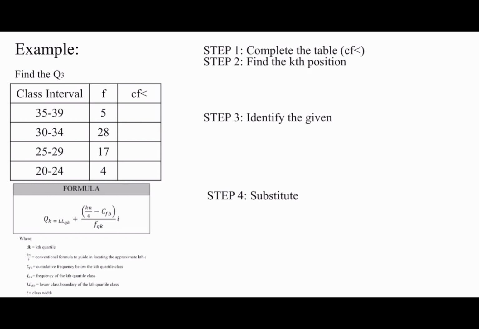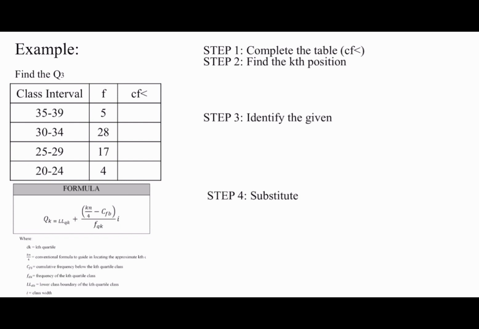Let's start. Let's complete the table. To complete the table, let's look at the less than cumulative frequency column. Of course, this is less than cumulative frequency, therefore, we will start at the least class interval, and that's 20 to 24.